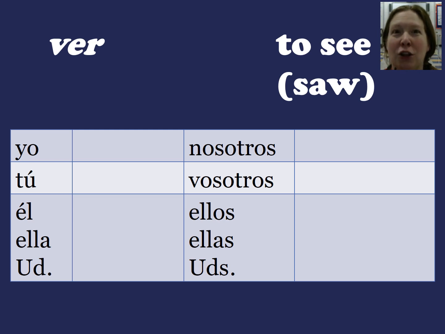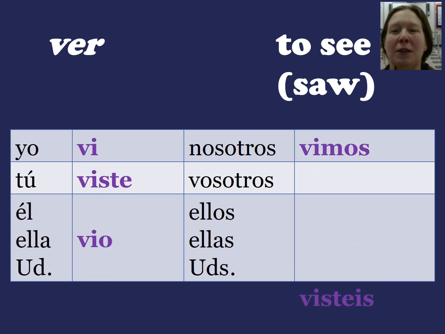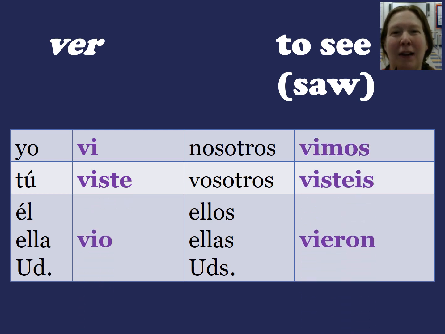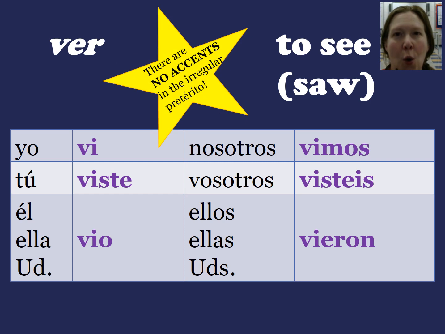Because usually in English you would add ed, and we don't say I goed, I beed, or I seed. We say went, was, and saw. So these are irregular in English as well. The forms for ver are vi, viste, vio, vimos, vistes, vieron. And again, no accents if you are using the irregular preterite.